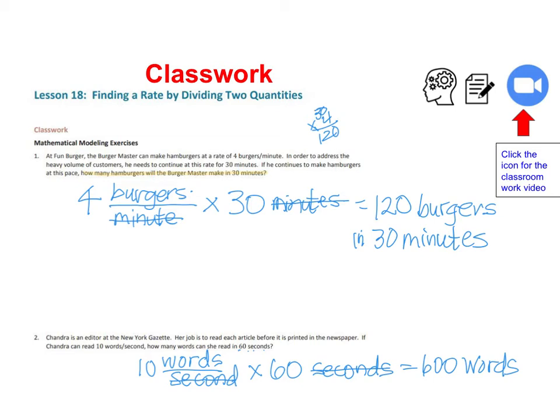How many words can she read in 60 seconds? So then I answer that. 600 words in 60 seconds. I could write a better sentence, but right now I'm just going through. Okay, so that is our 1 and our 2.